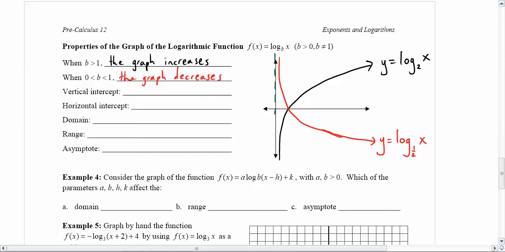Both of them have the same asymptote, which means that there's going to be no vertical intercept because it cannot cross that vertical asymptote. But the horizontal intercept is always the same.